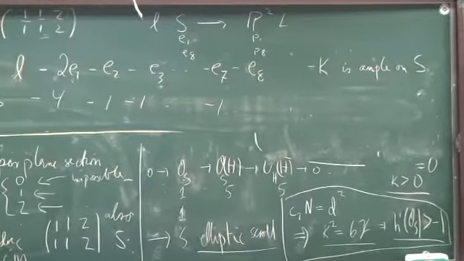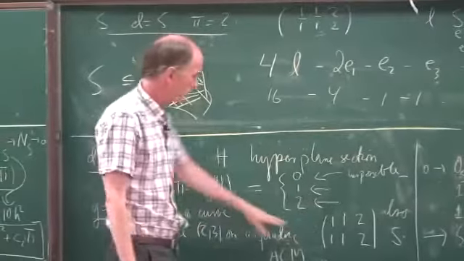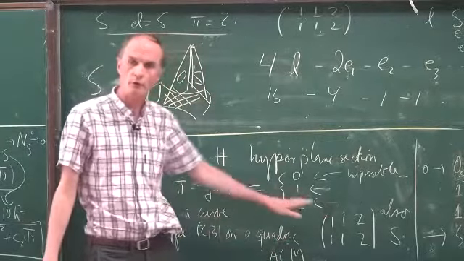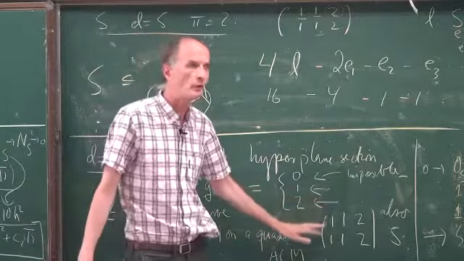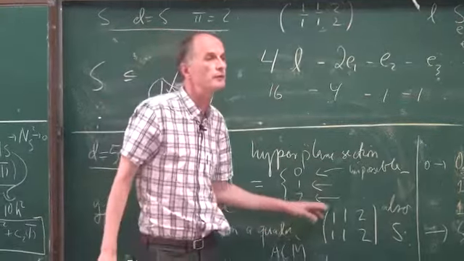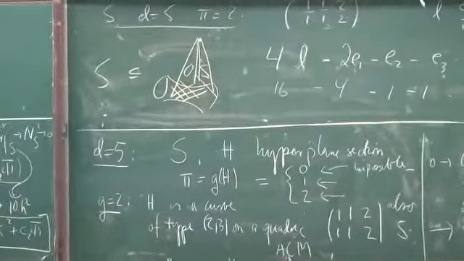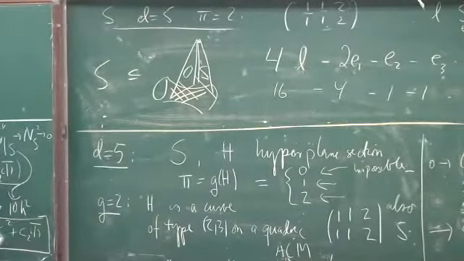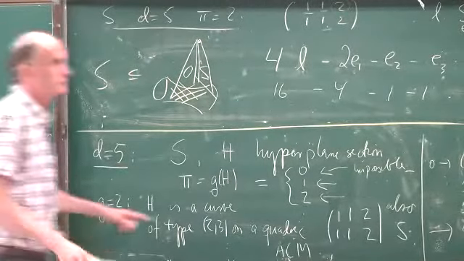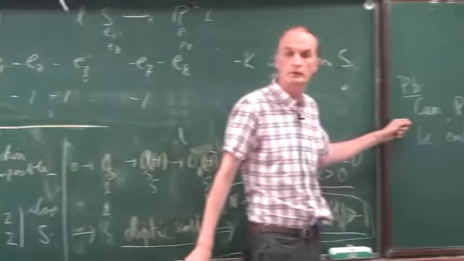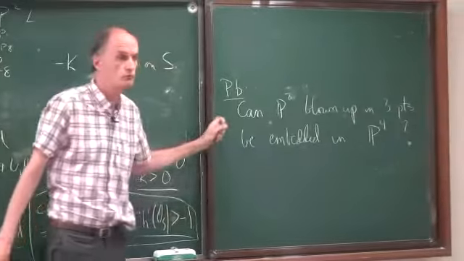Any questions here? I wanted to really show here, this is important, the ACM construction. Whenever the curve is arithmetically Cohen-Macaulay, it lifts to a surface that is this way also. Now, I will go to this one here. Let's see if we can deal with that.